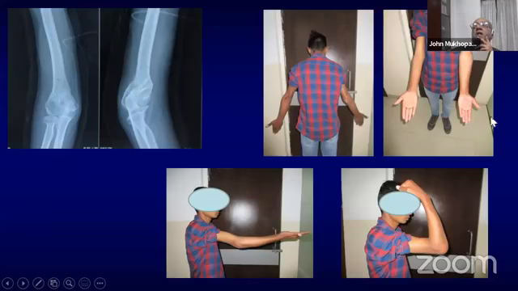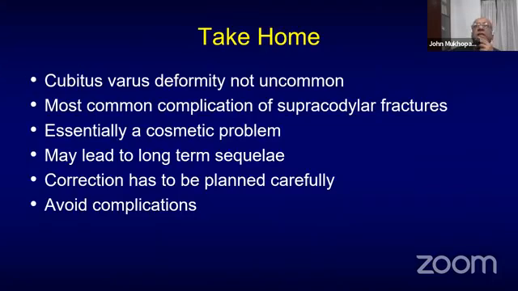As you can see, his ulnar nerve function has come back. Now his clawing is gone. And he's got back a reasonably good range of motion. I wouldn't say a full range of motion, but considering the severity of the deformity and his very late presentation, a satisfactory result.